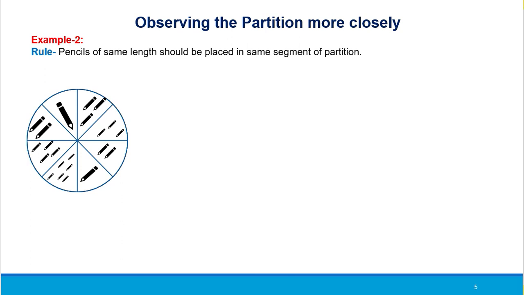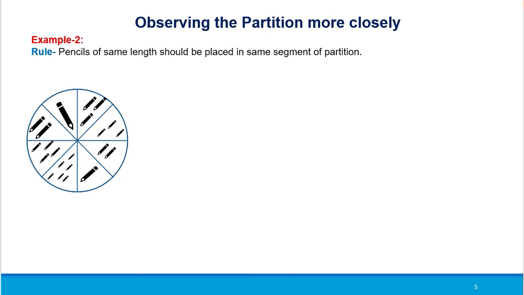On the screen you can see you have some pencils, and we have imposed the rule that pencils of same length should be placed in the same segment of partition. Now you can very easily observe that in one partition set we have kept pencils of same length.